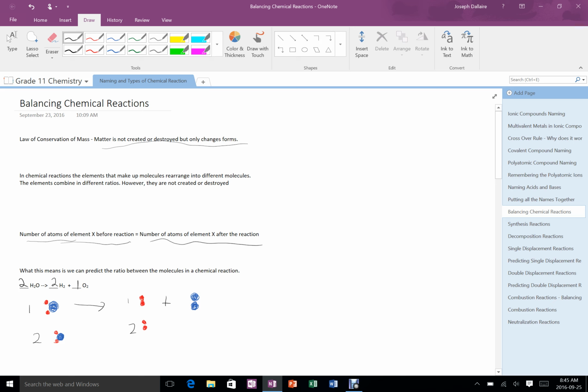You don't need to include that 1 if nothing's written there. I would assume that it's 1, but for now, while we're practicing balancing, we'll put those 1s in just to make sure. So that's that. That makes sense, right? These two form all of these, and that way there's no matter being created or destroyed out of nothing.